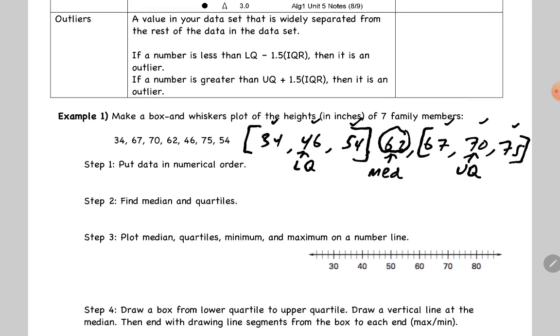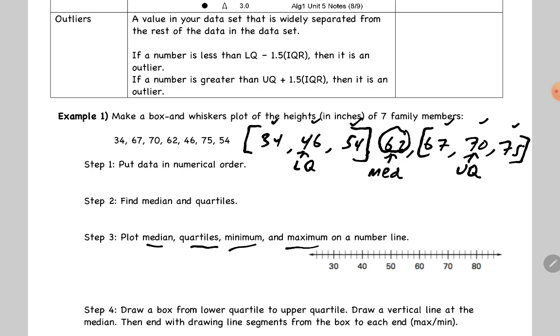Now, let's plot this. So how do we plot this? We have a number line here, and it represents basically all the data, 30 through possibly 80. And we're going to mark our medians and quartiles. We're going to plot median, quartiles, minimum, and maximum.